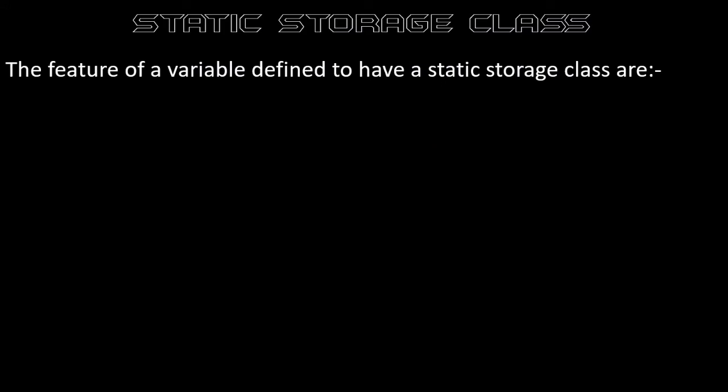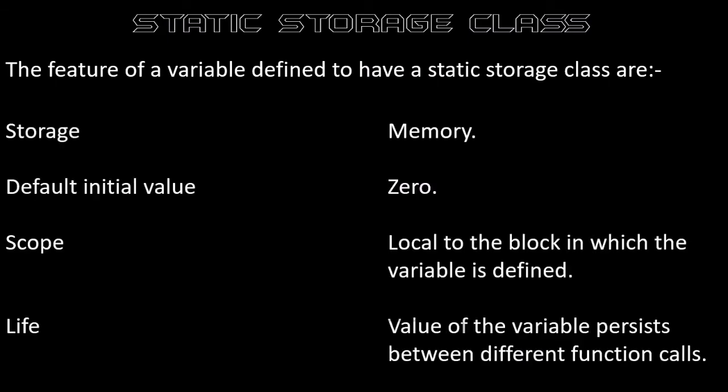So that is the static storage class. The features of a variable defined to have a static storage class, I will show you below. The static storage class stores your values in memory, and its default initial value is 0.